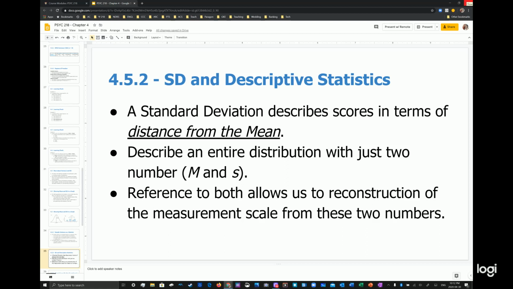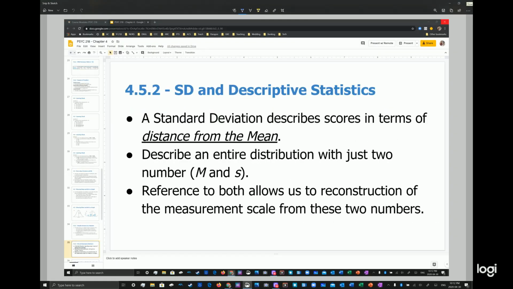So then, going back, if we were to look at sample standard deviation in descriptive statistics, we are looking at standard deviation as a way to describe scores in terms of how far they are from the mean, the expected distance from the mean for each score.